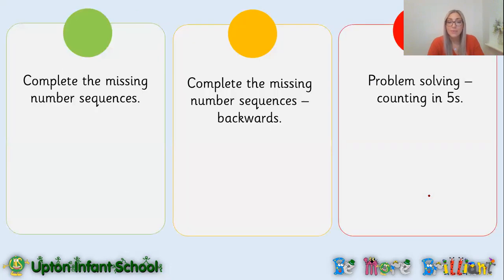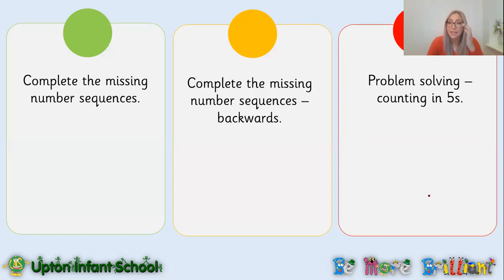Right, so challenges then. We have got our green challenge, which everybody is able to have a go at, which is completing the missing number sequences. Then we have got our amber challenge, which most of you will be able to go on to, and that is completing the missing number sequences, but backwards. And then we have got some problem solving, counting in 5s.